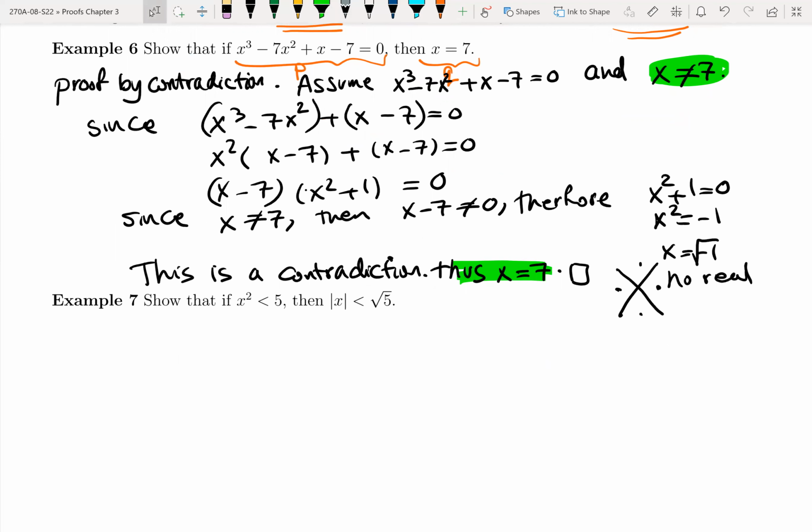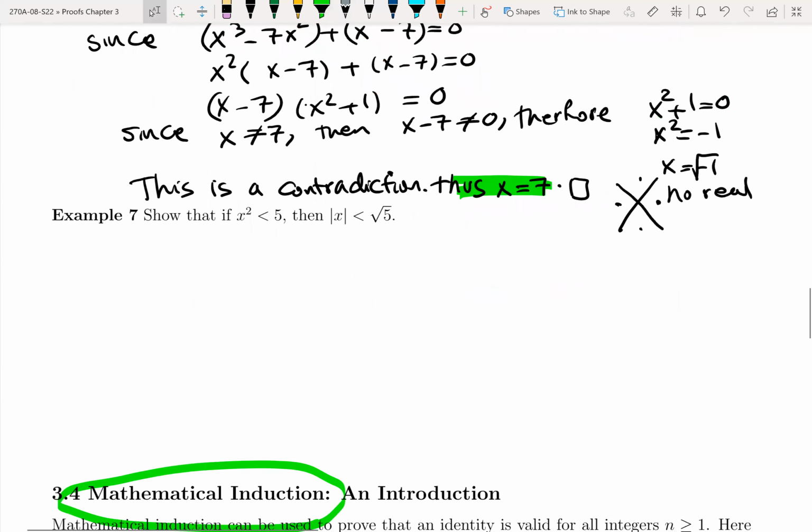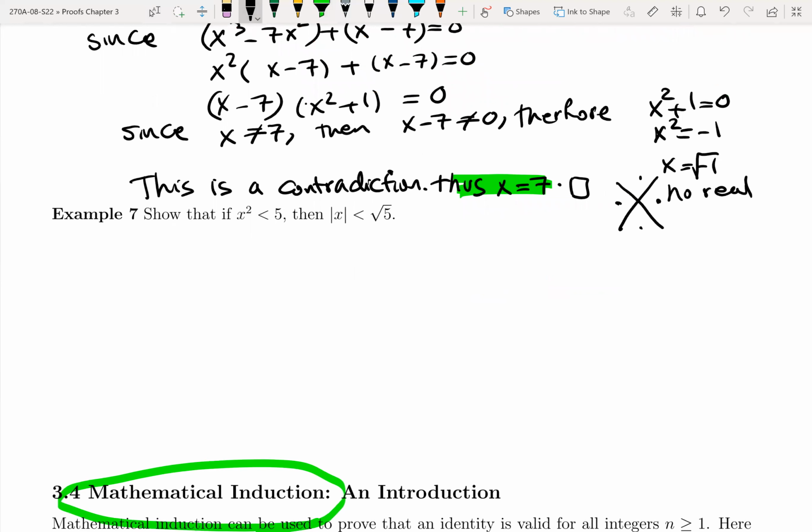Any question here? Do you guys have any question about the logic behind this proof by contradiction? No? This is fine? So let's practice one more time. This is the P statement. This is the Q statement, okay?